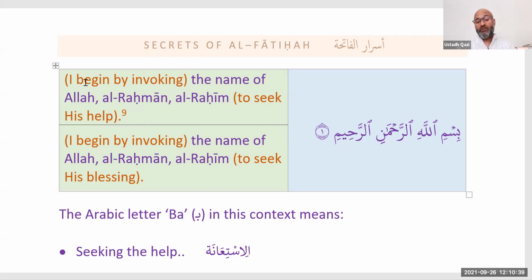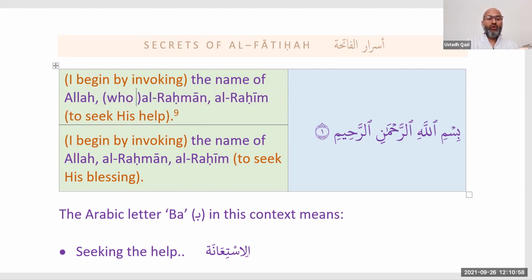The second interpretation is I begin by invoking the name of Allah, ar-Rahman, ar-Rahim, to seek his blessing. Another thing I can add here is who is ar-Rahman ar-Rahim.